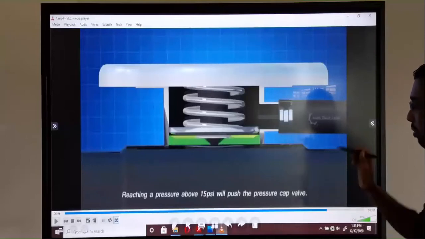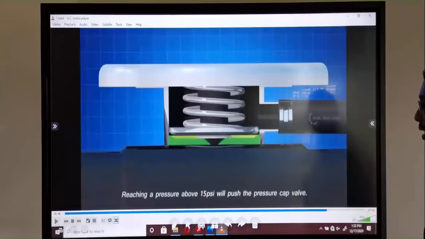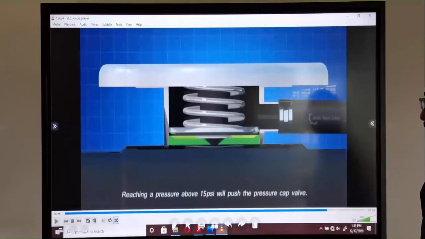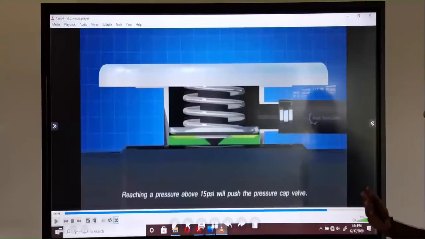Normally this is the hot coolant, because it leaves from the engine. So this coolant can produce a high pressure.